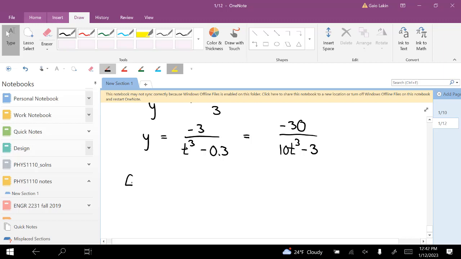Okay, let me do an example that has a higher order derivative in it.